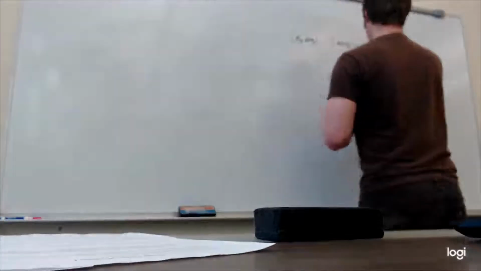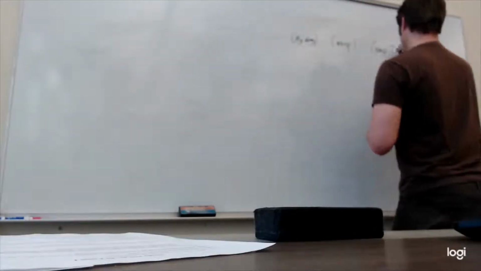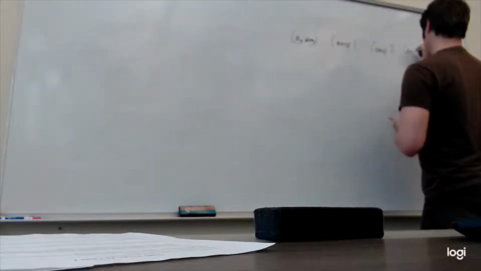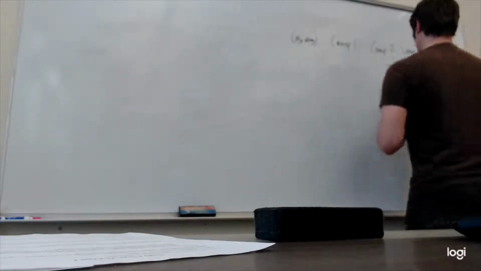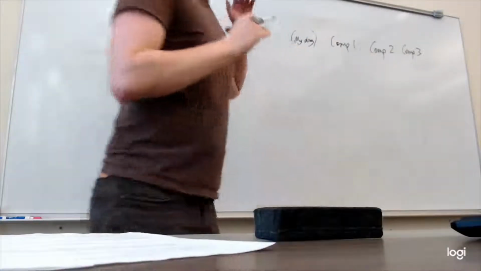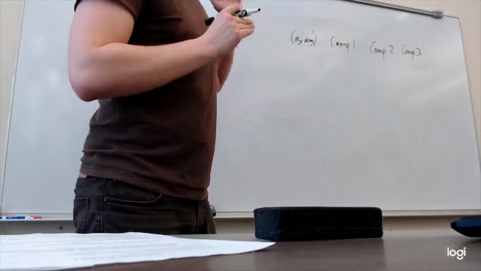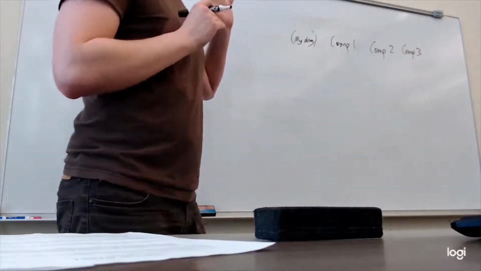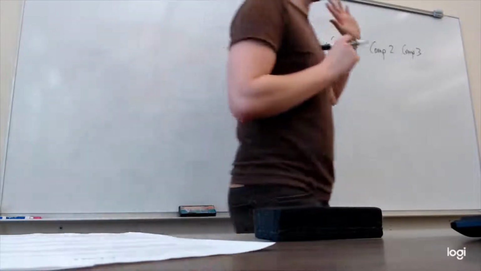Group 1, 2, 3. So I have 4 groups total, right? Okay, how many contrasts do I need to have to represent a 4-group design? It's the number of groups minus 1.